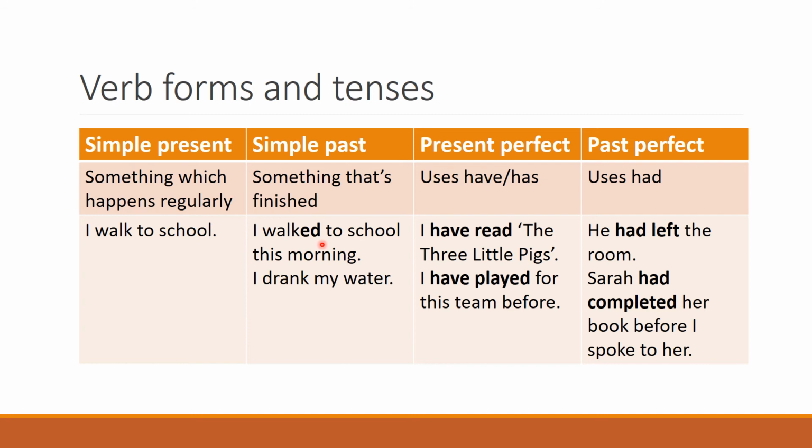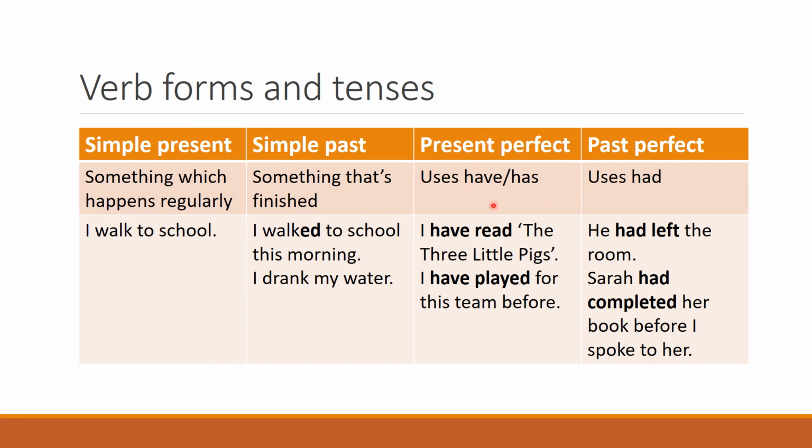And then if we're using an irregular verb and we're changing it to the past tense, then that can look different from one verb to another. It can be formed in a range of ways. So drank is just one example of the base form verb drink in the simple past.